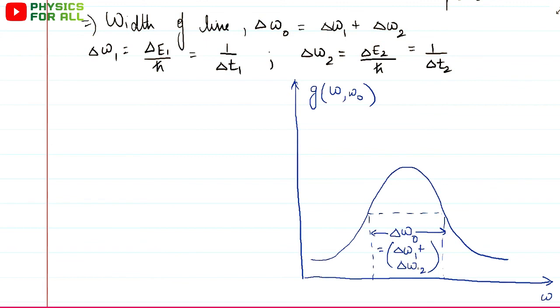So this is all about natural broadening, proving how important the lifetime of the excited states, or even both the states, is. The lifetime of the states between which the transition is taking place is really important, because that factor accounts for this kind of broadening in our spectrum, which is natural broadening.